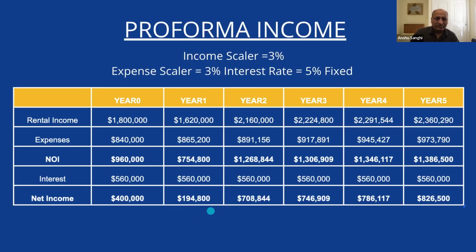So the vacancy will go up in year 1, and that means less rental income. But the good news is that in year 2, the income significantly goes up because the renovated units are now renting at $900 instead of $750 per month. And for the rest of the duration, they continue with the market 3% per year.